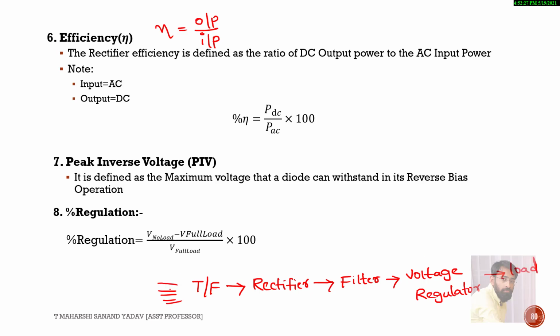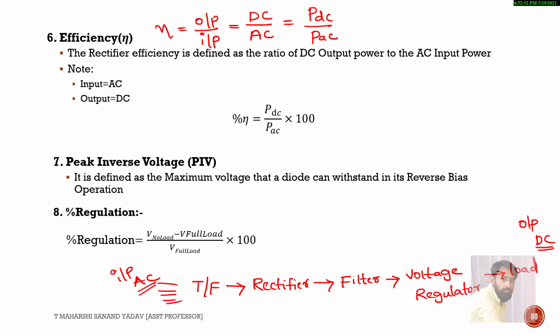Generally the input that a transformer takes is AC, but the output that we want is DC. So this is called input, this is called output. That's why in efficiency we use output by input. Output is DC and input is AC, so we go with PDC by PAC.